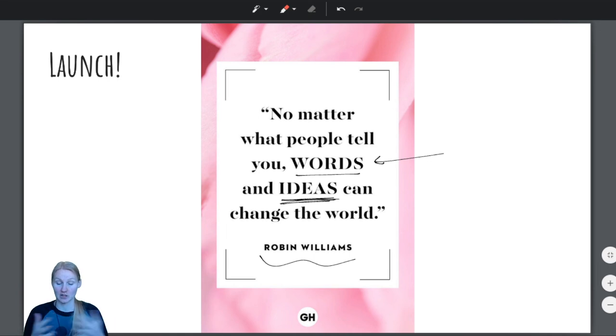An idea, like some of the launches that we do. Maybe these are ideas that could change your world. They could change the way that you think about the world. So, pay close attention to your words because they can change the world. And be open to new ideas that could change your world and the way that you live in the world.